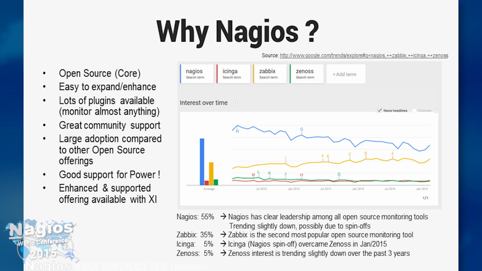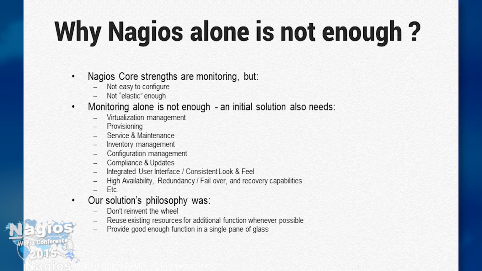So why Nagios alone is not enough now. So look at that Nagios core, and I want to be very clear with that. We wanted like an open source solution and not a commercial solution to get started with to ship on the product, right? So some of the strengths for Nagios is, of course, monitoring.